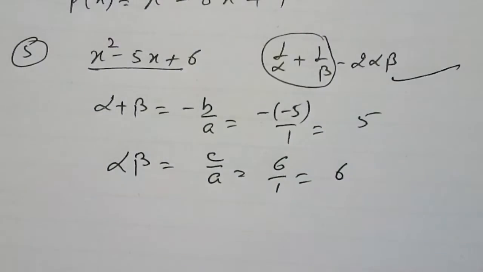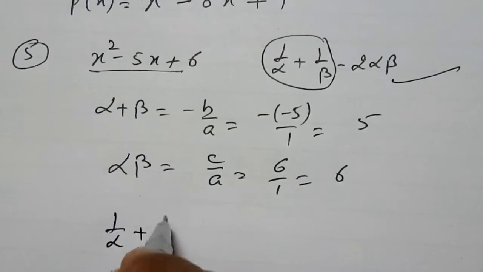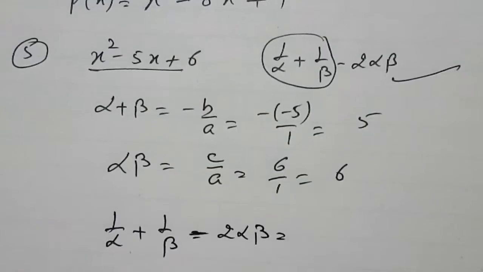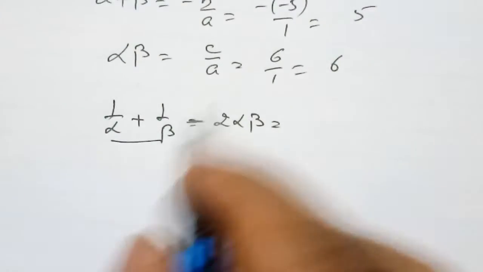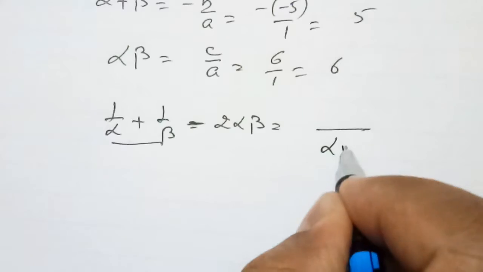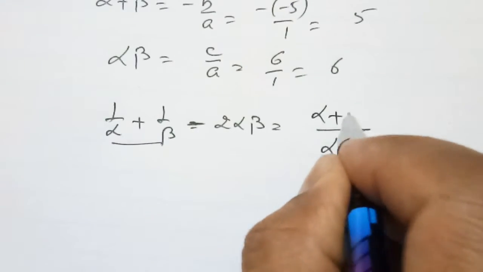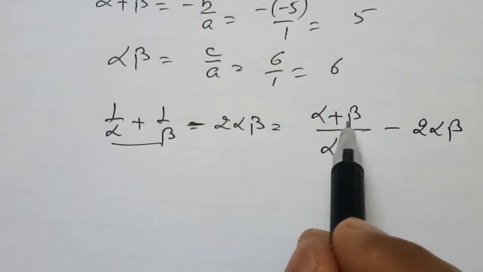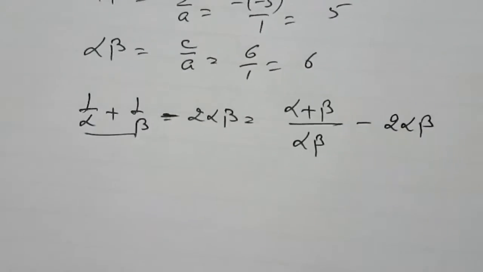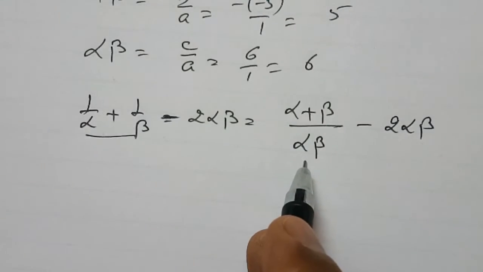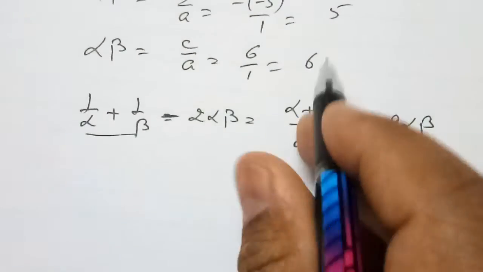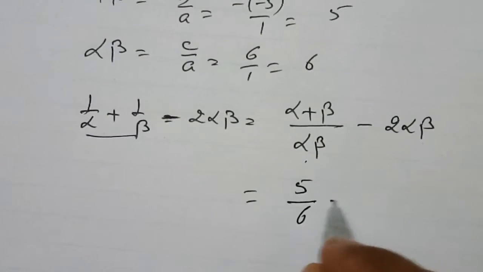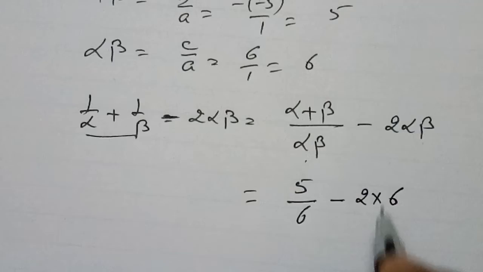Now we will use this: 1 upon alpha plus 1 upon beta minus 2 alpha beta. So we will take the LCM here. For this, LCM is alpha beta, and we will get in the numerator alpha plus beta minus 2 alpha beta. Now alpha plus beta means sum of zeros, alpha beta means product of zeros. So we will substitute these values. Alpha plus beta means sum of zeros is 5, product of zeros is 6, minus 2 into 6.